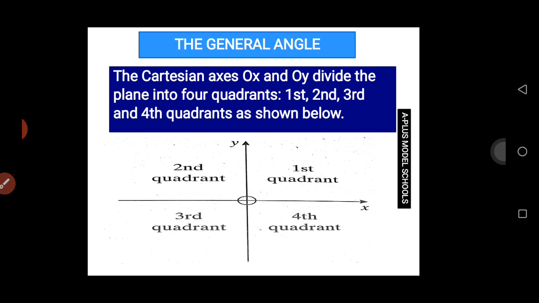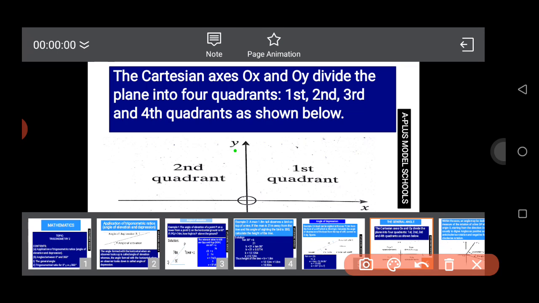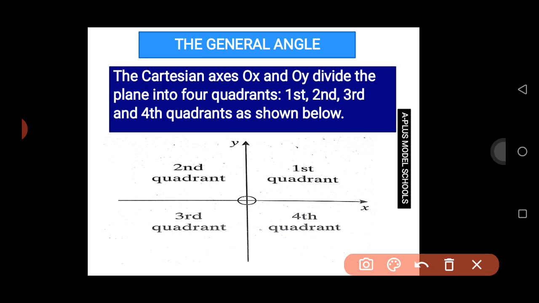Now let's move to the second part, which is the general angle. This is where we are going to learn other trigonometrical ratios. And this general angle deals with quadrants. Looking at this Cartesian axis OX, this is O at the middle, and this is X, and OY.